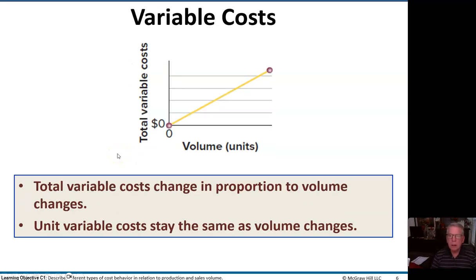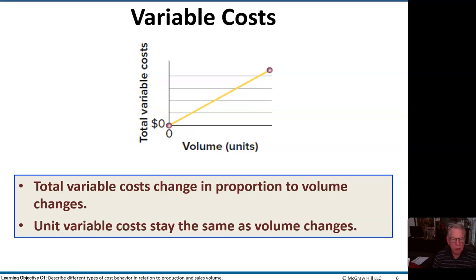All right. So variable costs change in proportion to volume changes. Unit variable costs will stay the same as volume changes. So if I make a little plastic bottle, if we make 1 unit, we're going to have direct material, the resin that goes into that, and the label that goes on that, the blow molded machine that's used to make it, and the injection molding machine that's used to make the cap.